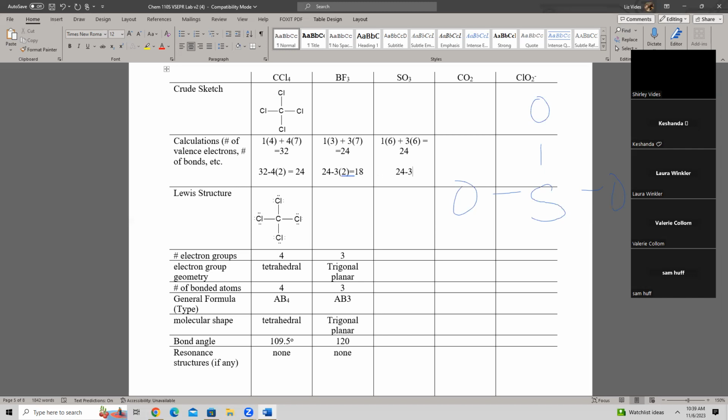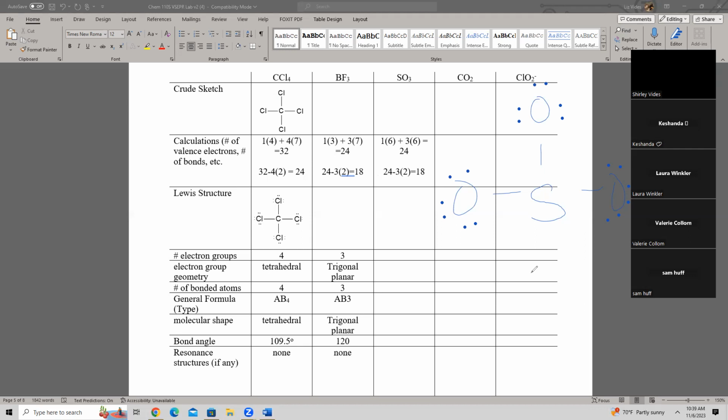The reason I'm doing it like that is so that it follows the same pattern. So that's minus 6 gives me 18, right? Okay, 18 electrons is good. And we have 1, 2, 3, 4, 5, 6, 7, 8, 9, 10, 11, 12, 13, 14, 15, 16, 17, 18. All right, so that's 18 electrons.